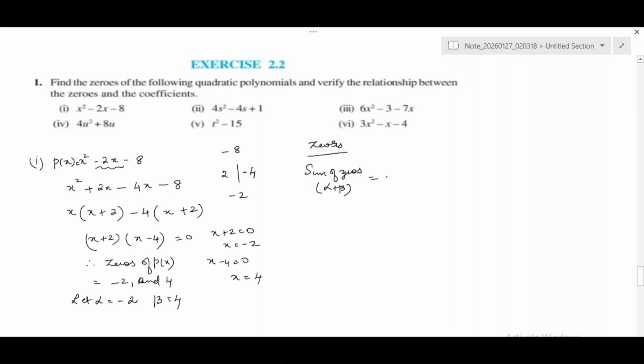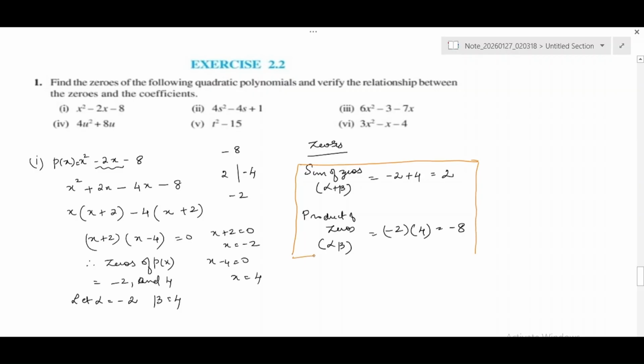So minus 2 plus 4. Minus 2 plus 4 is 2. Product of zeros, alpha beta, minus 2 into 4, that is minus 8. So we'll have this as 1.